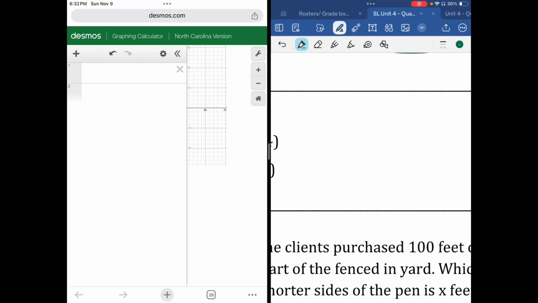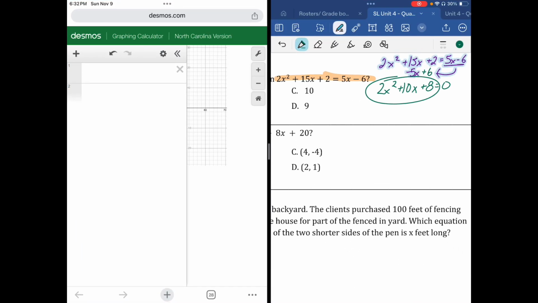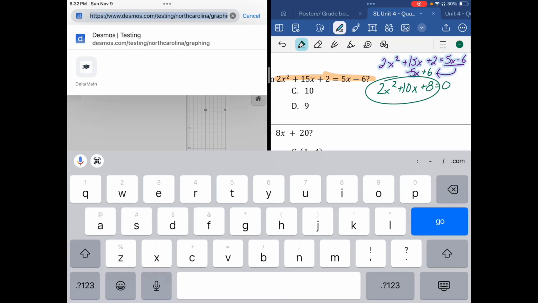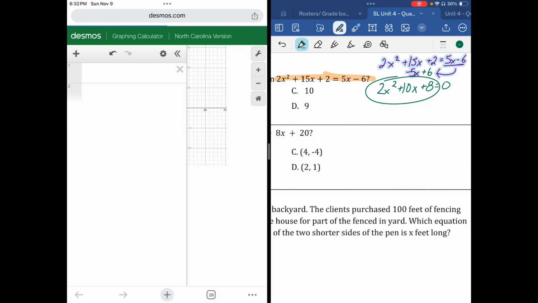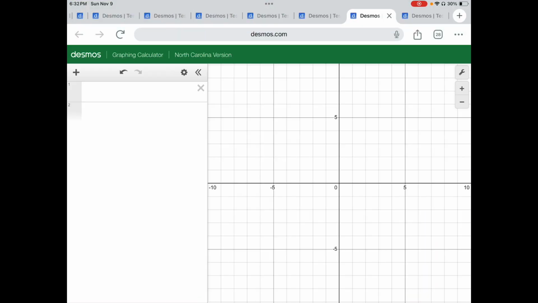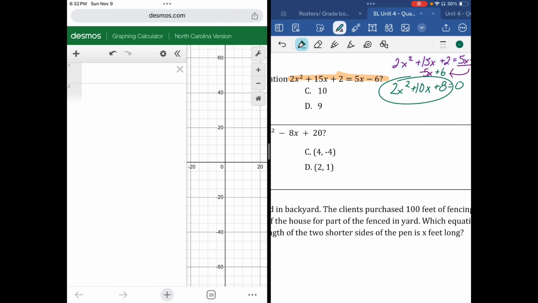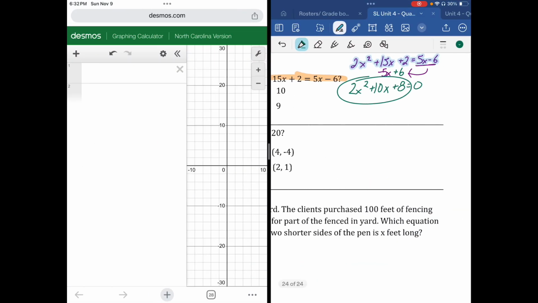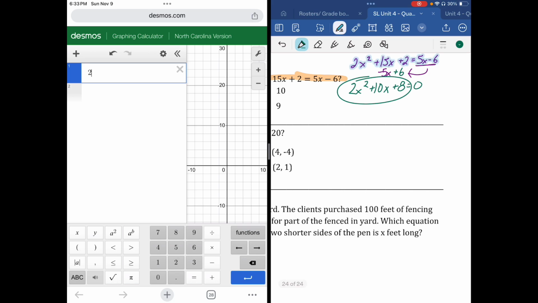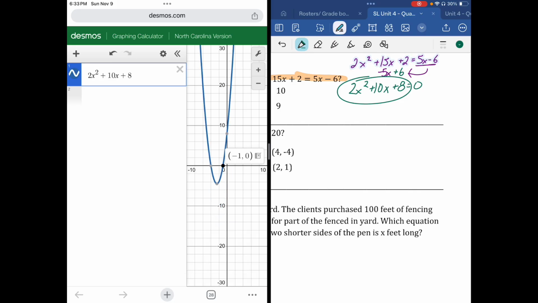Let's now plug this in. This is acting funky, so I'll just use a different one. We're going to plug that equation into our Desmos: 2x squared plus 10x plus 8.